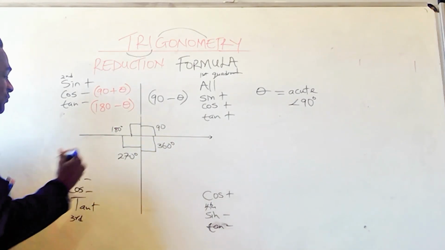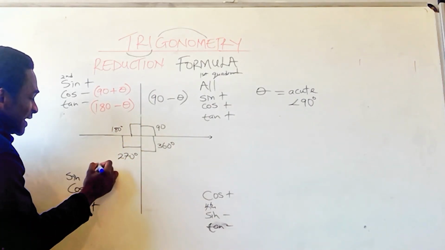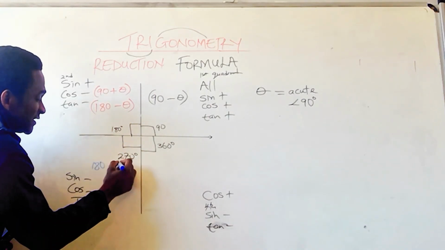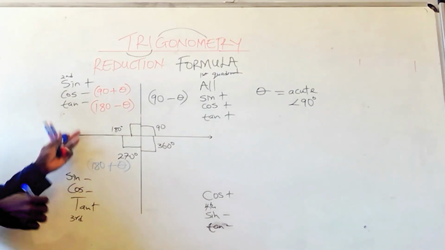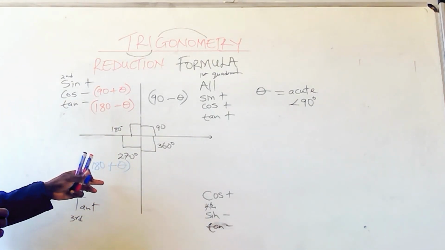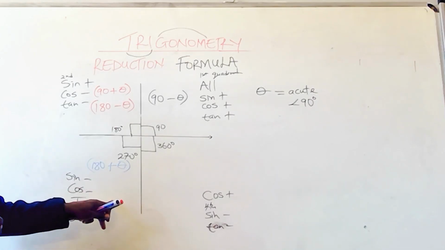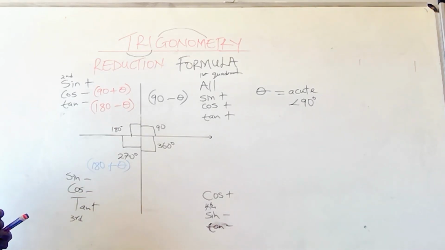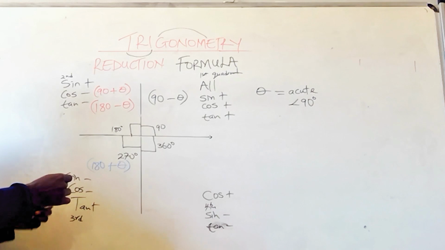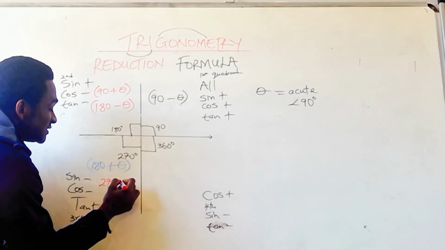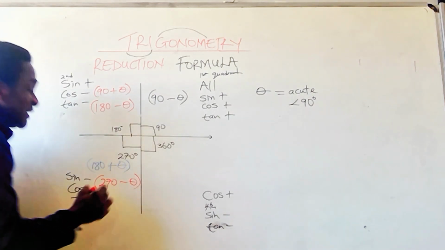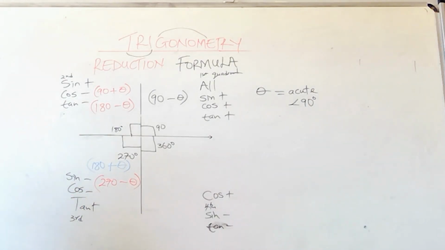In the third quadrant, we are looking at 180 plus theta. It must be greater than 180 degrees, sorry, but less than 270. So it can also be 270 minus theta. Remember that theta must be an acute angle.